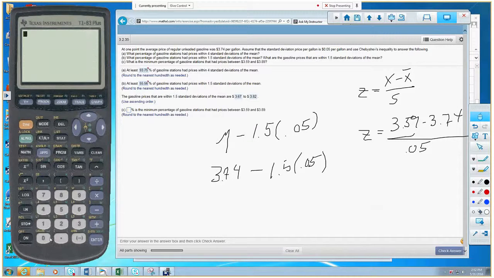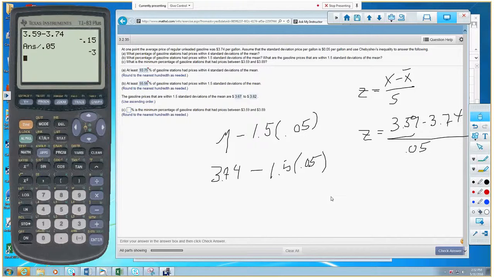Equals, divided by 0.05. And that's 3 standard deviations. So 3 standard deviations to the left and 3 standard deviations to the right is 6 standard deviations.